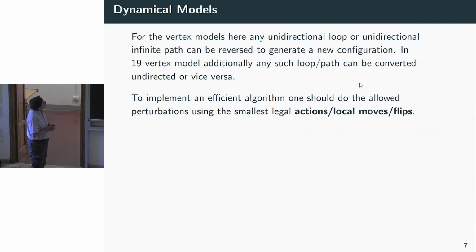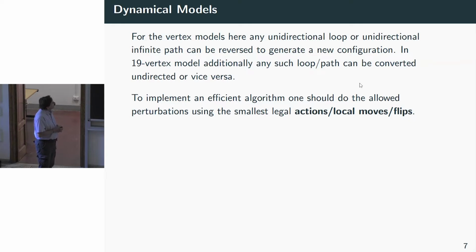Additionally, in the context of this model, there should also be some operation that converts directed paths into undirected paths. To have an efficient algorithm for this, we should consider the minimal loops where we can do these sorts of things.